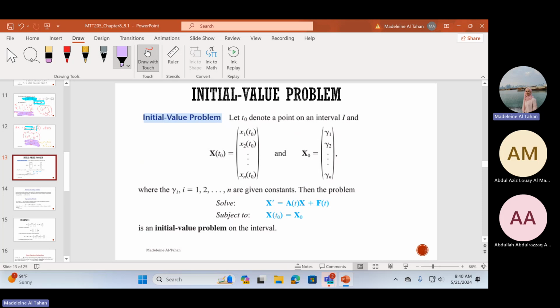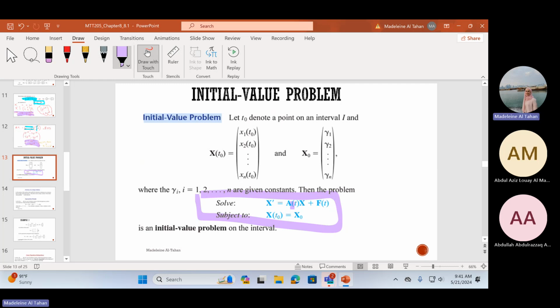Usually when we say initial value problem, it is written this way: x prime equals a matrix times x plus a function, it's non-homogeneous, subject to x at, say, 0, or it can be 1, an initial value that you are given. The solution, the function at this point, is equal to a vector. This is what we mean by initial value.